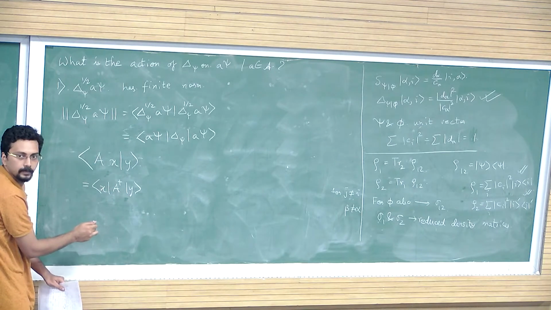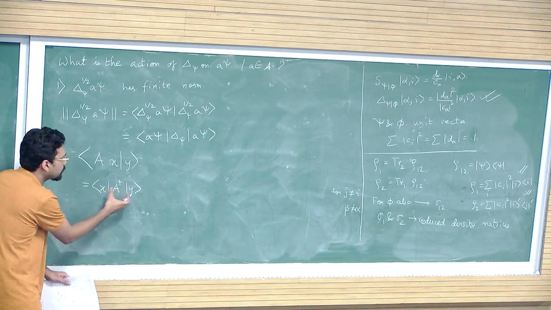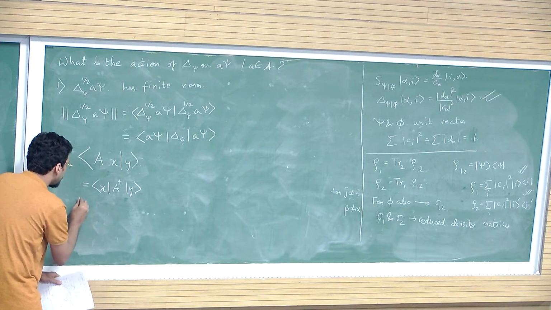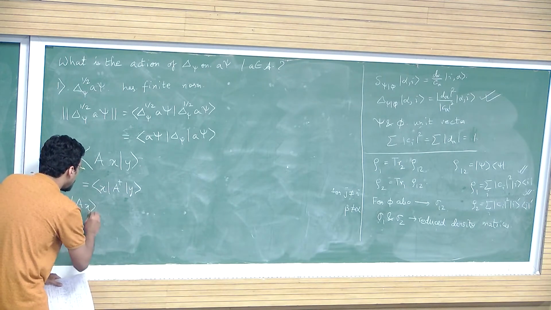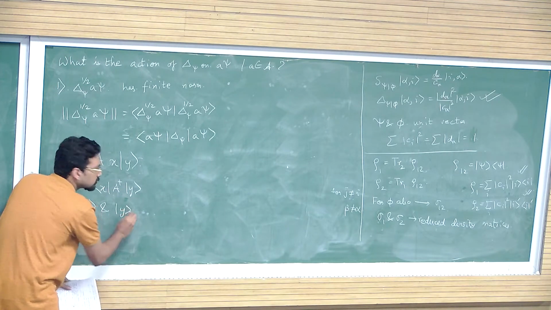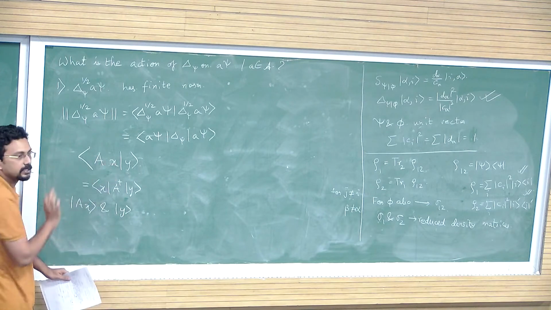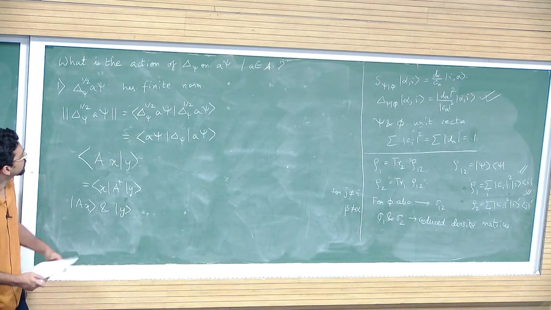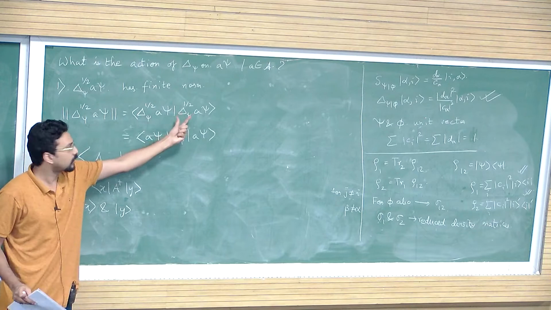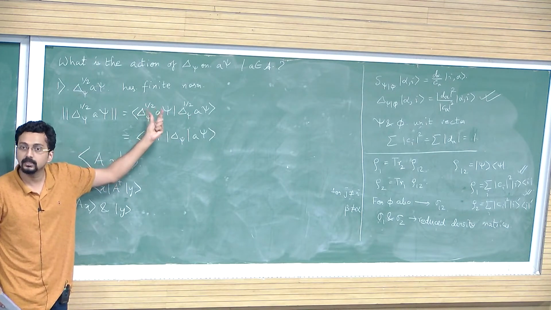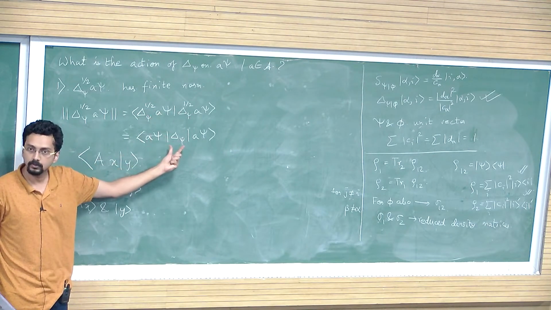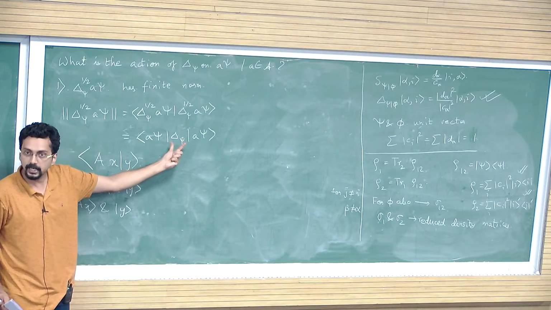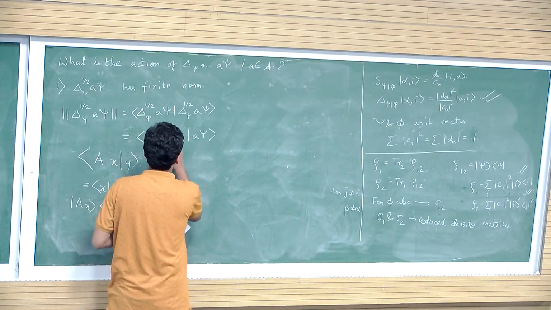It's as if I am computing the inner product between the state Ax and y. That's how you should think of it, and that's why I am writing Ax here. This is the notation I have used. So when I get this out, what I have is delta psi half dagger, but this is Hermitian. Now delta psi is S dagger S.